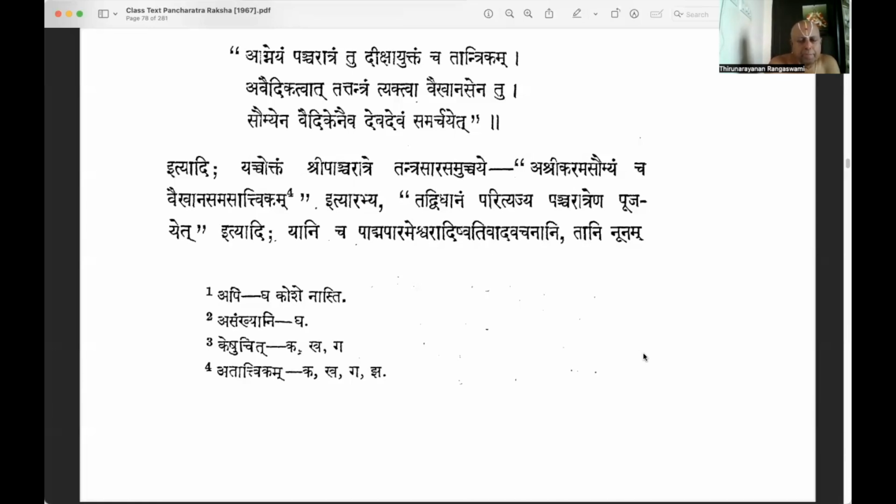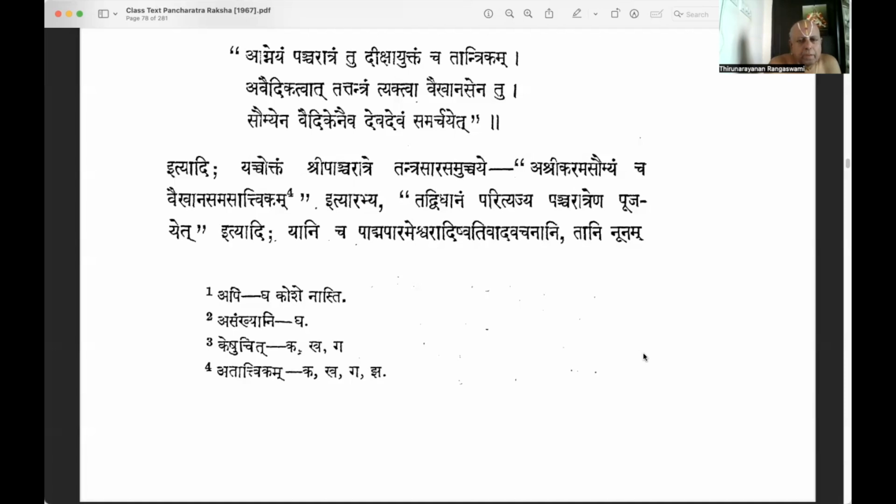That is, Pancharatra with fire rituals and procedures, Tantrikam with Diksha, that means initiation into the sacrifice. If they both are not connected with scriptures, Avaidikatvat, Tat Tantram Tyaktva, give up that Tantram, Vaikhanasena tu.